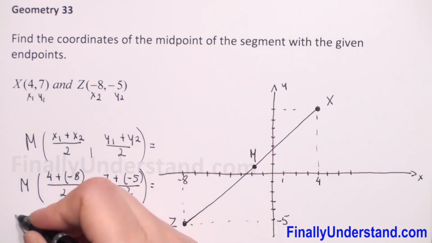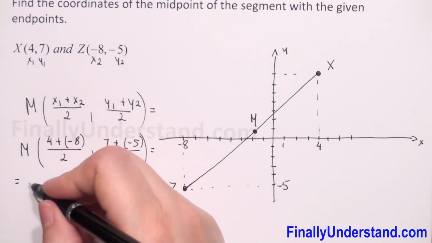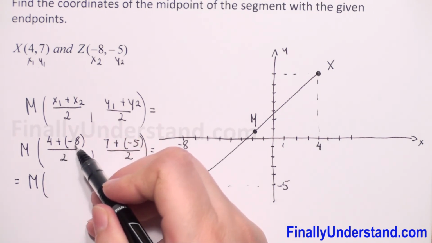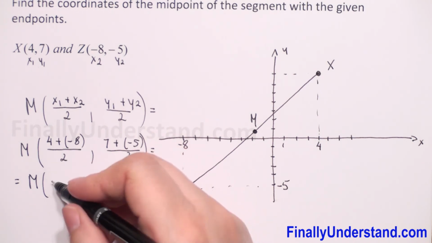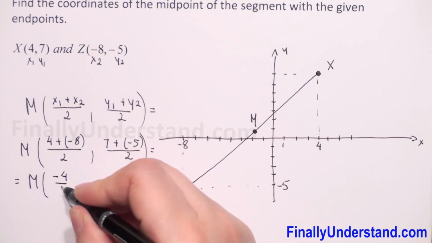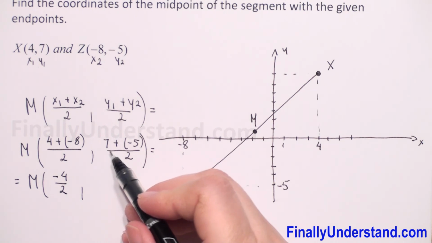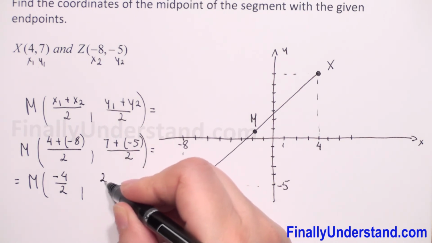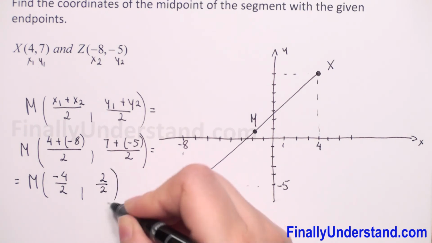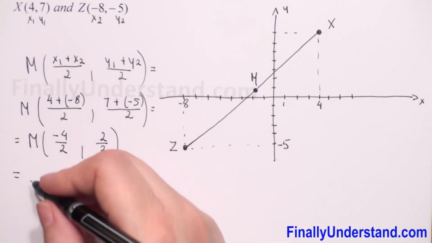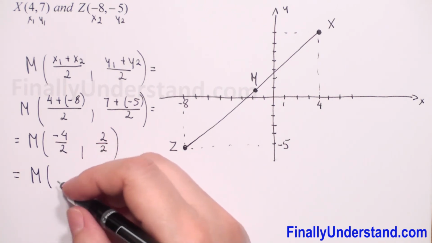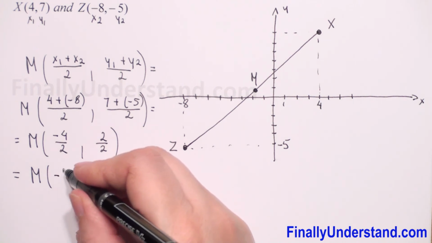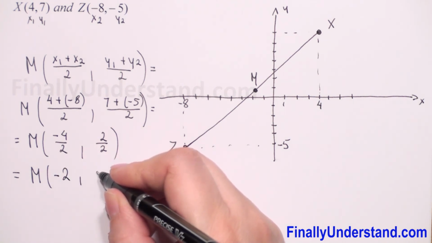So this is equal to 4 plus -8, which is -4, over 2, and 7 plus -5, which is 2, over 2. The first coordinate is -4 over 2, so this is -2, and the second is 2 over 2, so this is 1.